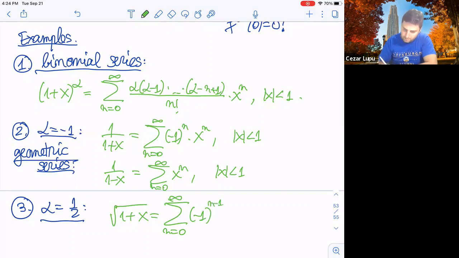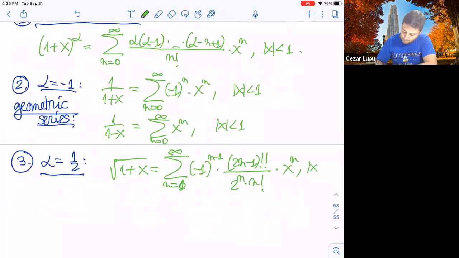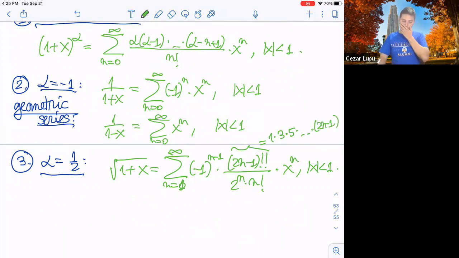This will be nice. Here I'll have the double factorial, and I'll explain the notation immediately. And this will be 2 to the n times n factorial times x to the n. This double factorial is nothing other than 1 times 3 times 5 and so on times 2n minus 1.